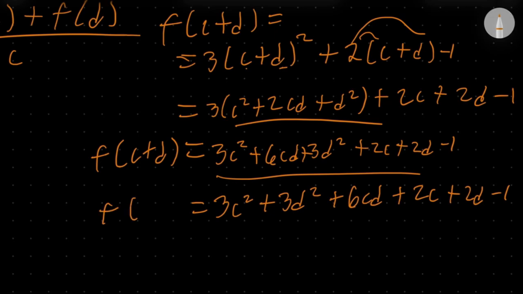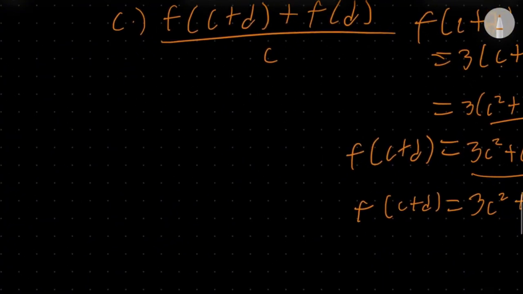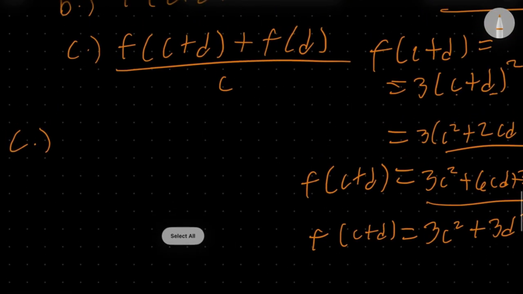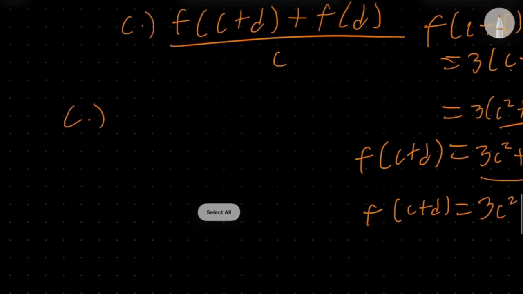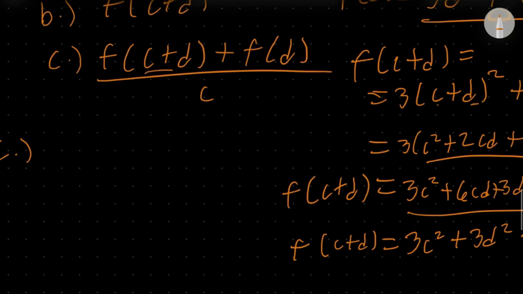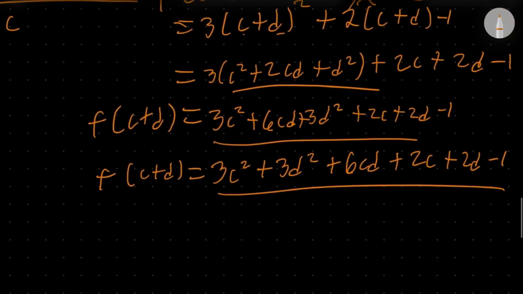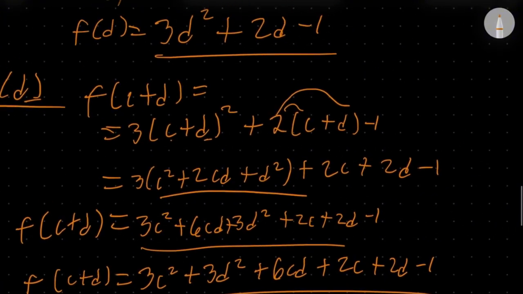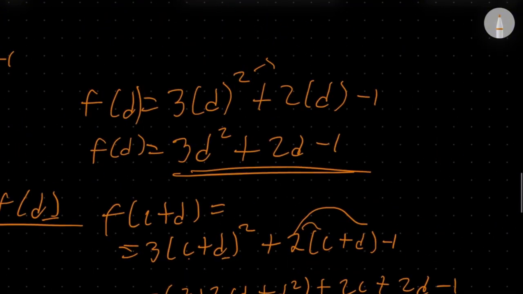That is our answer. Now we shall move on to C, in which we have f of cd plus f of d over c. Now we are aware of the value of f of cd is this one, and the value of f of d is this one.